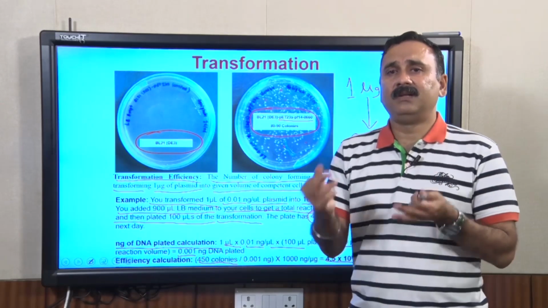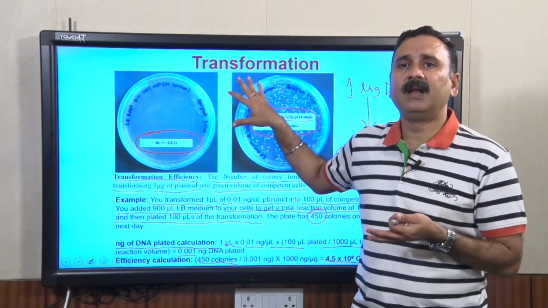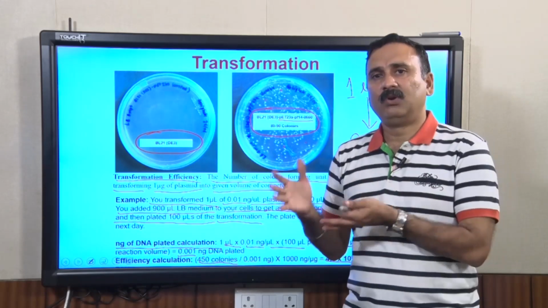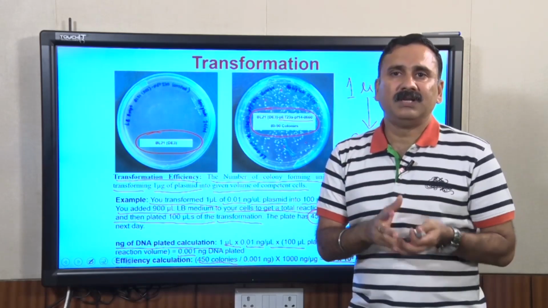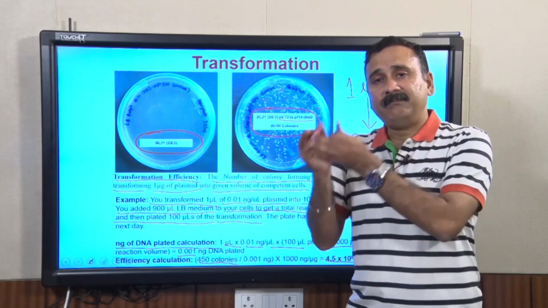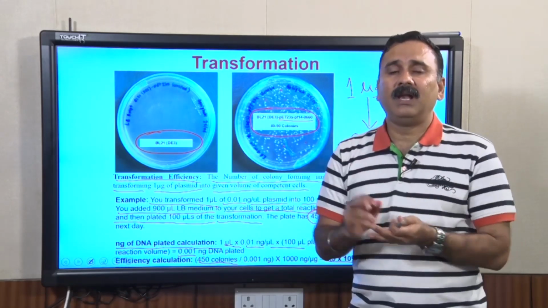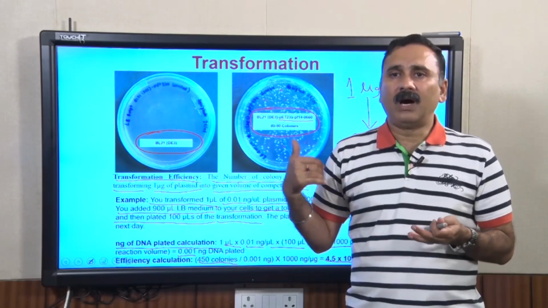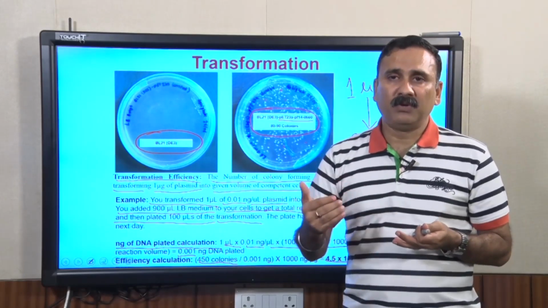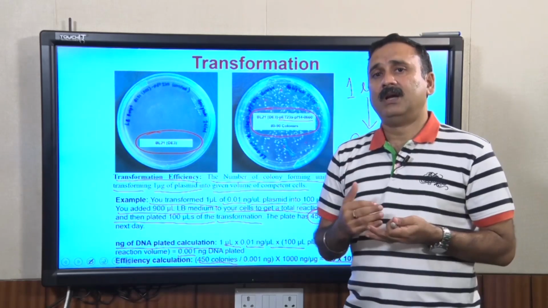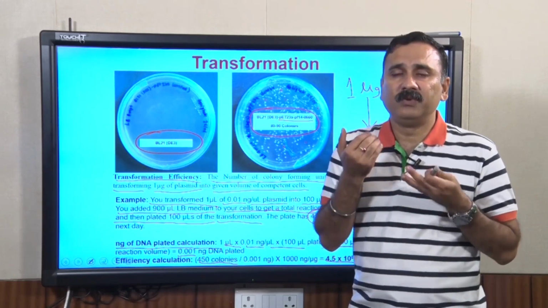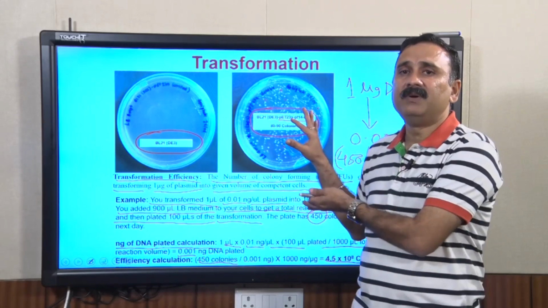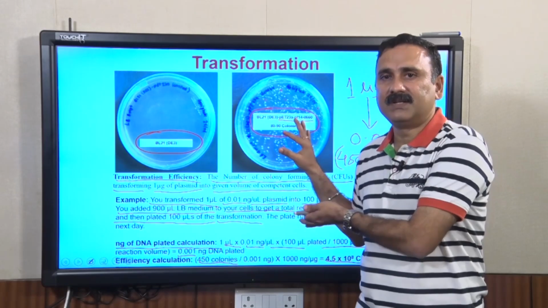That is why, whenever you prepare competent cells in your lab for any molecular biology or recombinant DNA technology application, you should take out one vial from the batch and calculate the transformation efficiency, so that when you do the transformation of the ligation products, you can be sure that you are using competent cells of very high efficiency.